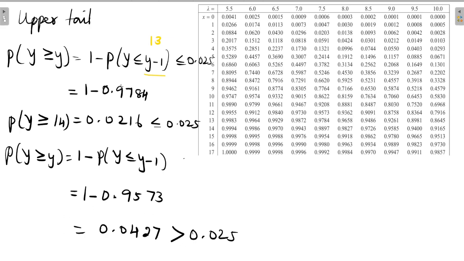In this case, y minus 1 is 12. So y equals 13. Here the probability of Y greater than or equal to 13 is not acceptable, because the probability of the critical region must always be less than or equal to our significance level.